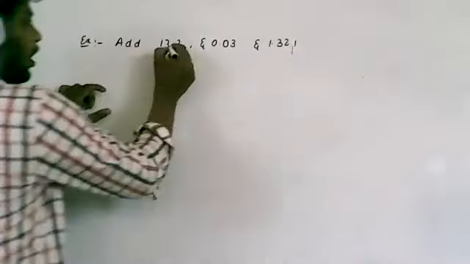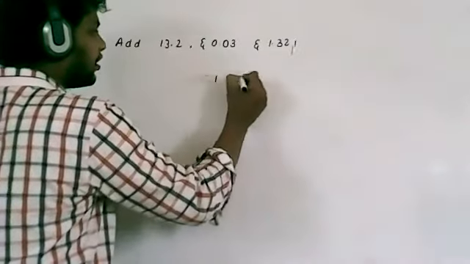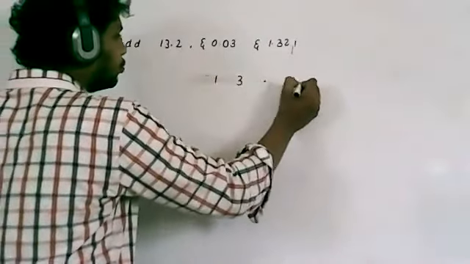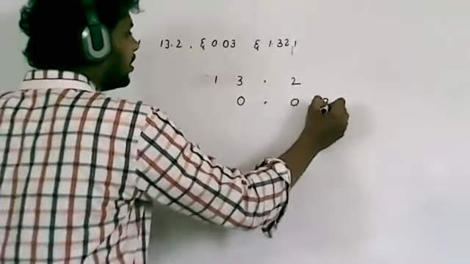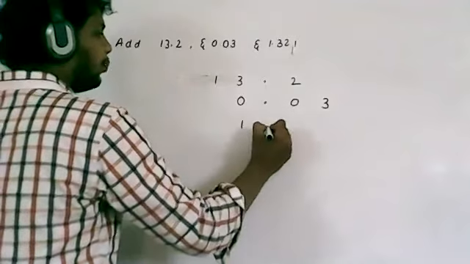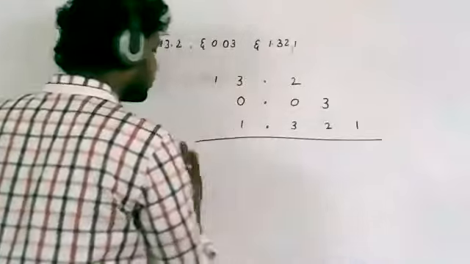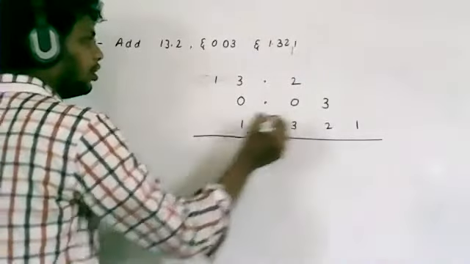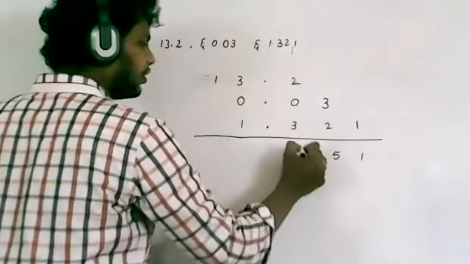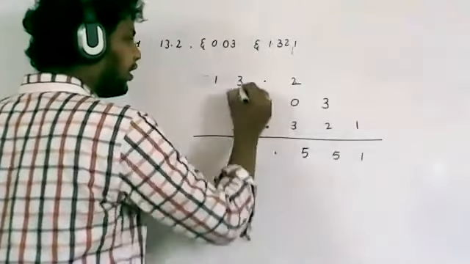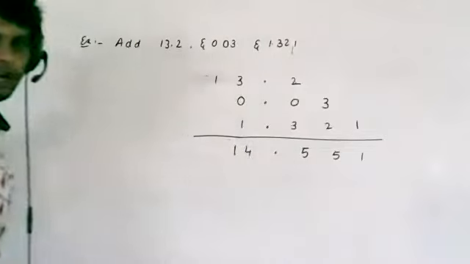Yeah. Now I will apply it. This is 13.2. The next one is 0.03. And the next one is 1.321. If you add these, the digits add up so that the result is 14.551.